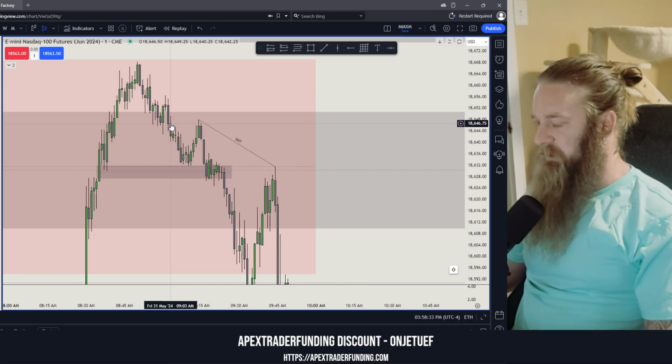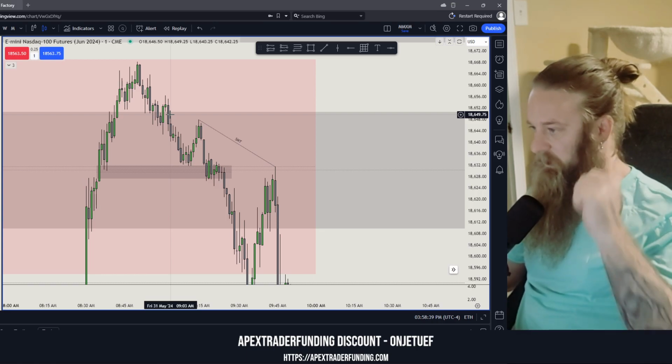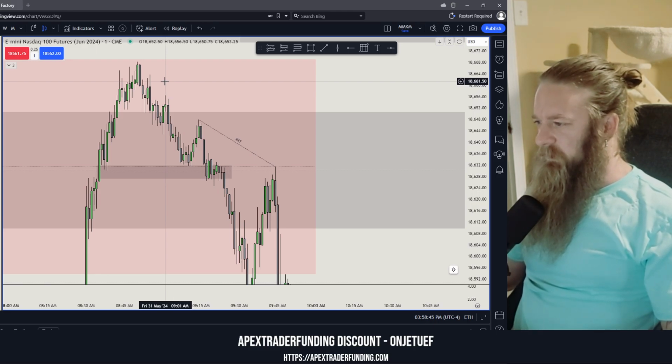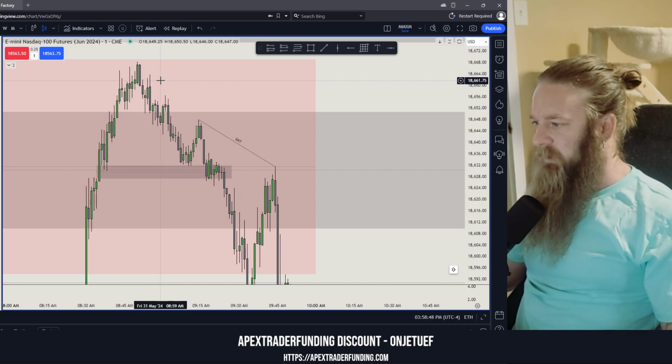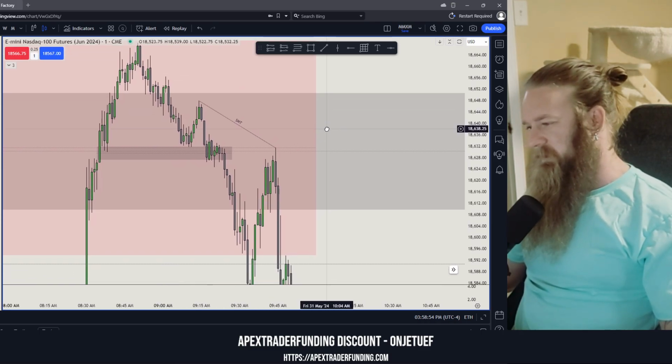And I could have just entered at the creation of that BPR, because worst case, we're going to respect it at consequent encroachment. So let me check this really quick. The low is 650.75, and the high is 650.50, so it's a tick. So never mind, that's not really convincing.